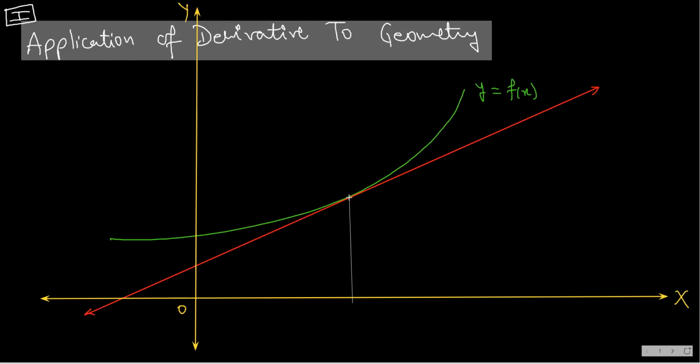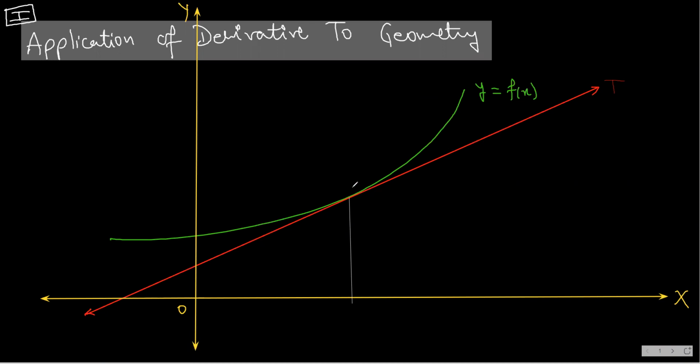It is a. Now students, you all understand the property of a tangent. When I say tangent to the curve y equal to f of x, and let me name this tangent as t, what does it mean? It means a tangent, which is a straight line, and the curve have one and only one point common.